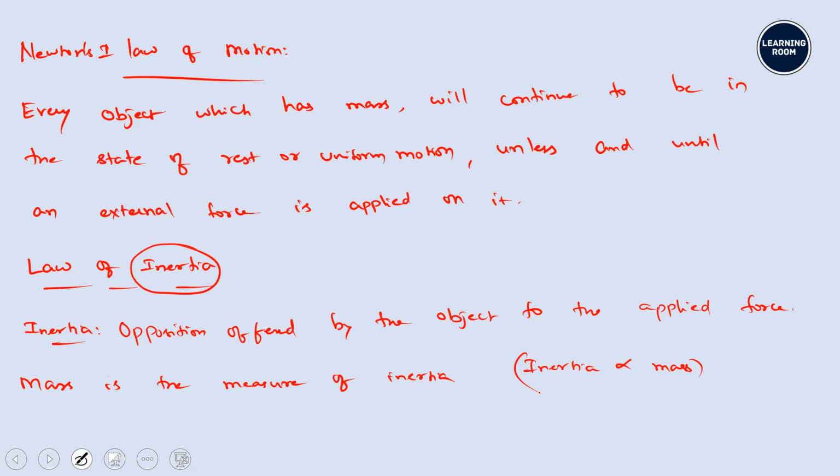Right. So if I hold it like this, it is going to be at rest. But as soon as I release it, it is going to fall in the downward direction. And why is it happening? Because of the gravitational force. This object has mass and there is something that is trying to pull the object. So what are we trying to say here? Every object continues to be in the state of rest.